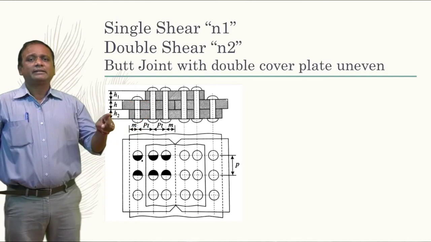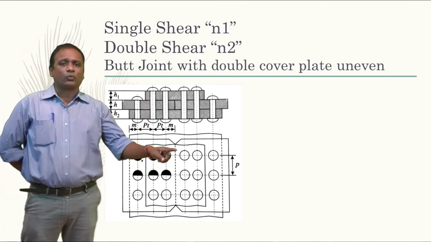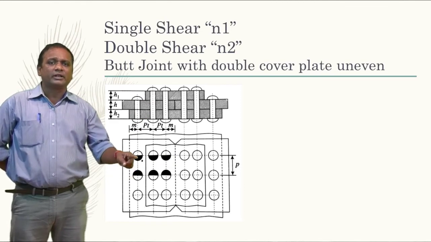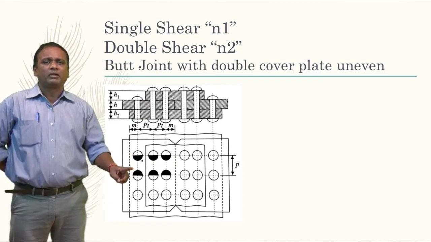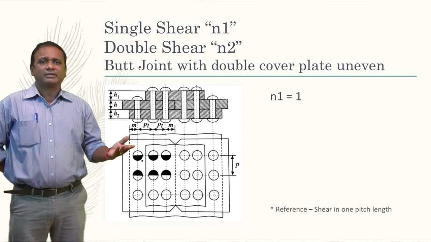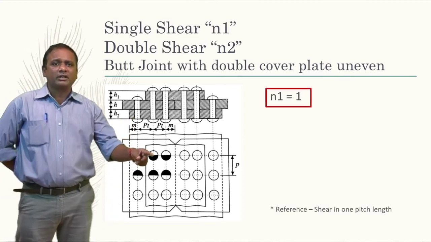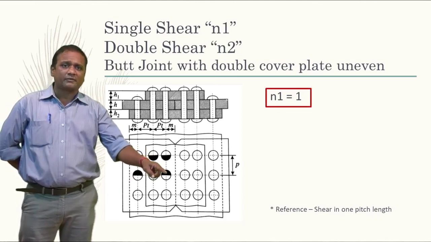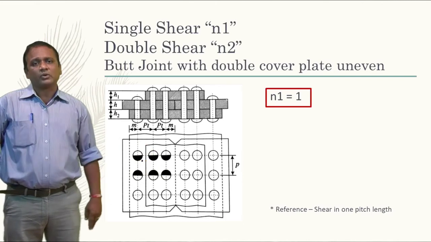Now again with a reference of one pitch length, half of a rivet will undergo here and half of a rivet there, so together one rivet will undergo a single shear. And for double shear, you can see half of a rivet over here and half of a rivet, together one and a half over here. So together two rivets will undergo a double shear.